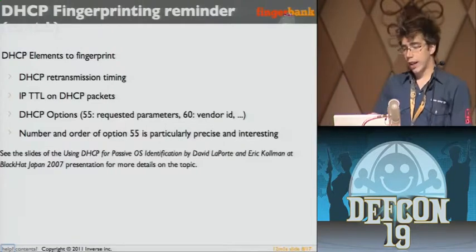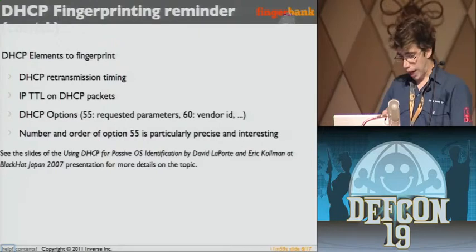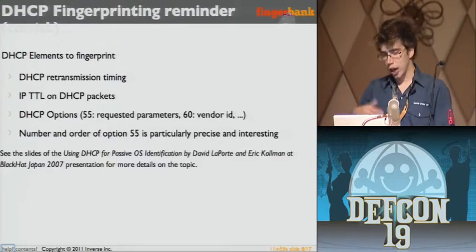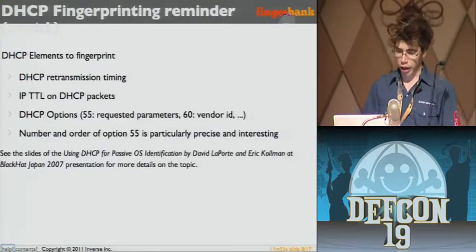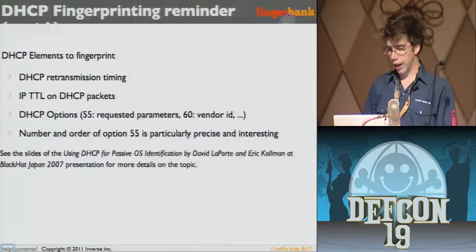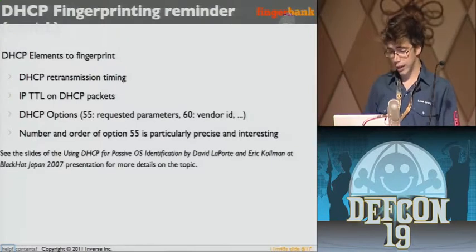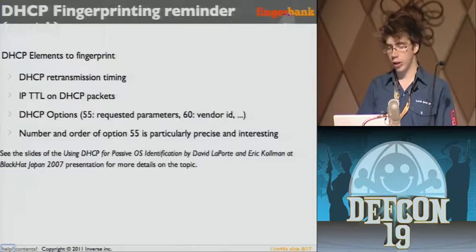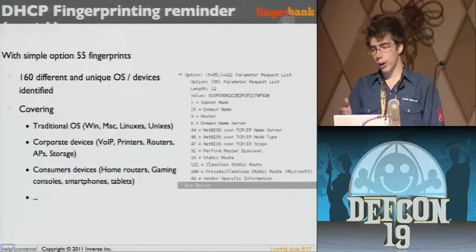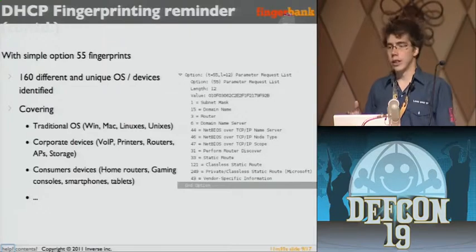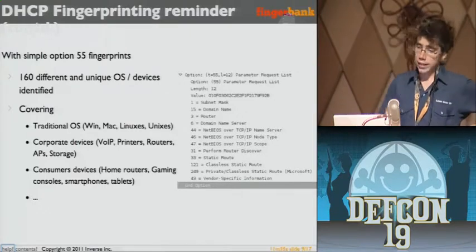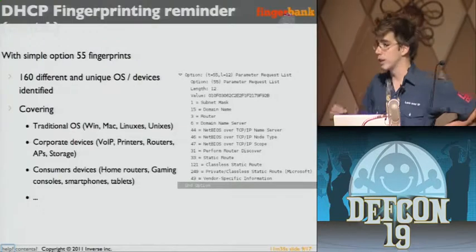But what we've been using for PacketFence actually is option 55, which is the parameters. DHCP is kind of a key-value thing. You request a list of options, and then the server sends you the values in it. So the client and the server have this option and then parameter.